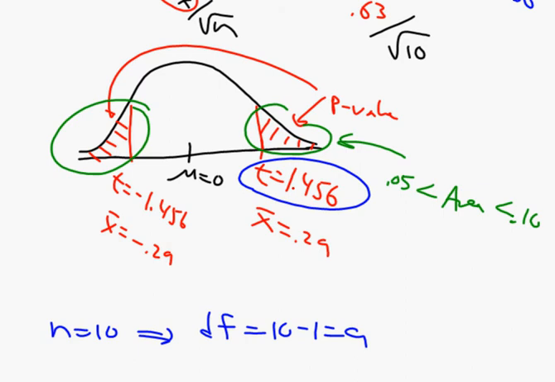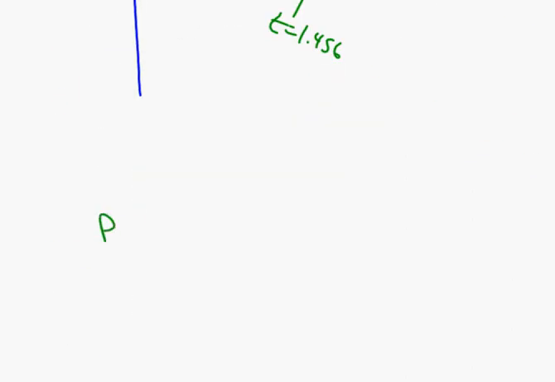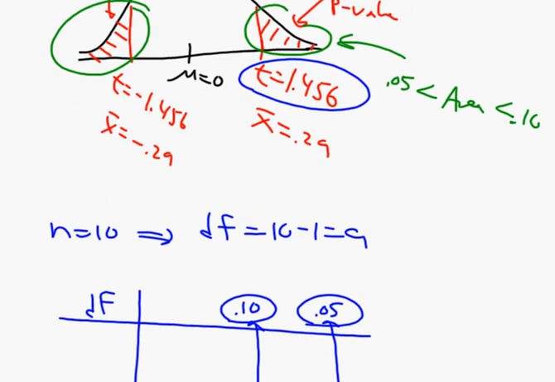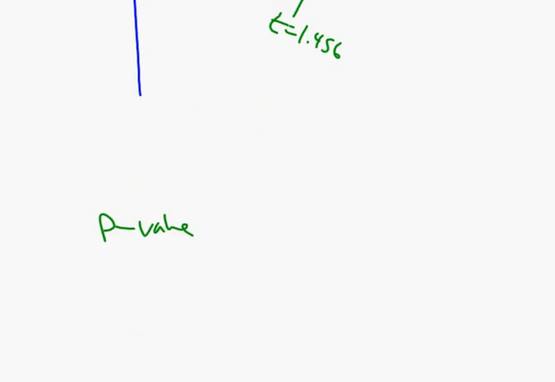So now we're ready to say something about our p-value. Our p-value, then, would be between, right? We think about it, just one tail by itself is between 0.10 and 0.05. If I had two tails added together, then that would be between 0.20 and 0.10.